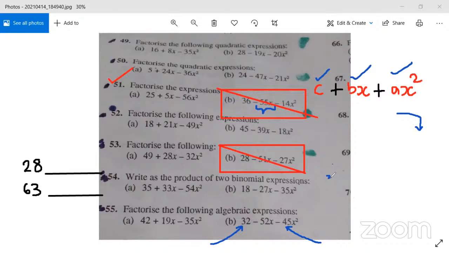So we're going to have 32, and we're going to have 45. 9 times 5, we know, so this is going to be 3 by 3 by 5. Now 4 times 8. Well, 2 times 2 is 4, and then, of course, 8 is also 2 times 2 times 2.